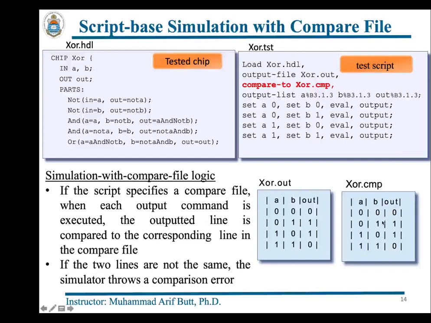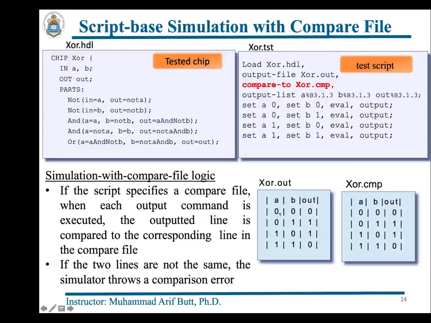Well, this compare file actually contains the already verified logic of the chip. So in the test script, we add this red line, compare-to XOR.cmp. Once we write this, each output command, that is this set A0 B0 eval output, is compared to the corresponding line in the compare file.